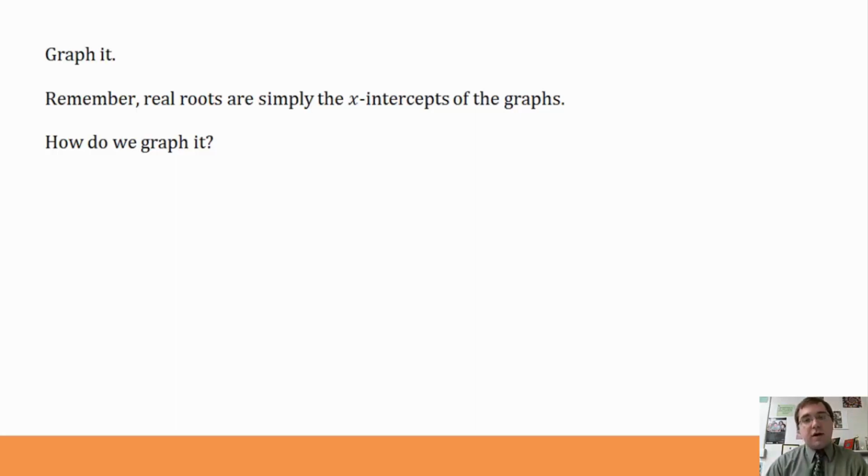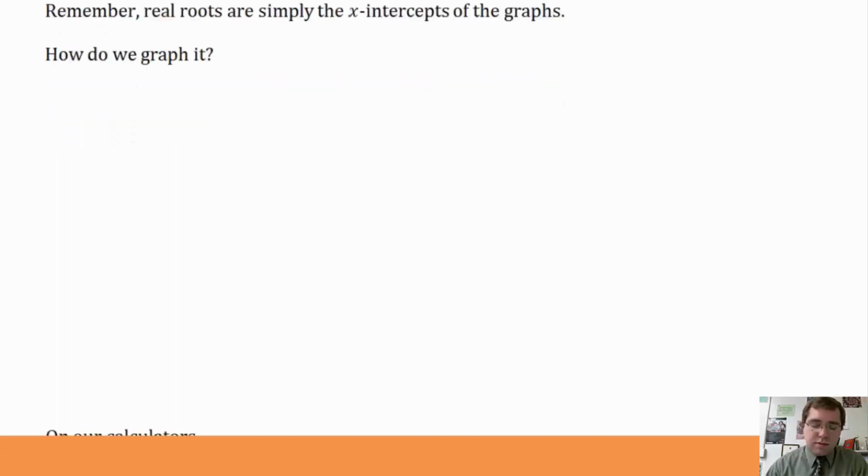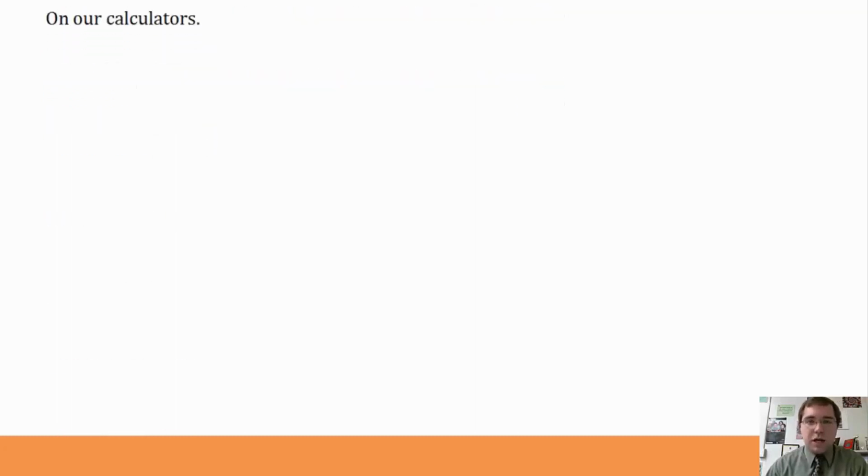If the roots are complex numbers, they're not going to be x-intercepts of the graphs because we can't graph complex numbers in the xy coordinate plane. But the real number roots will be x-intercepts of the graphs. So if I can graph it, I can find the x-intercepts, or at least approximate them, estimate them. So how do I graph it? On my calculator.